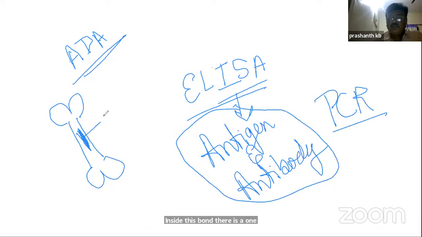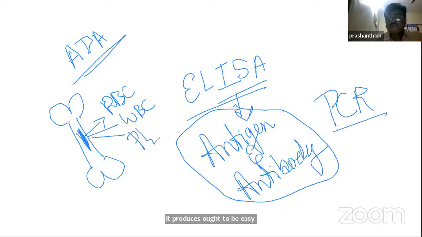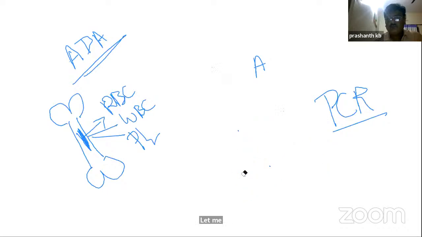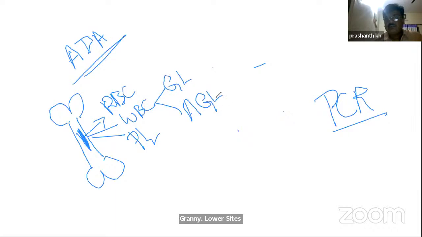In this bone marrow, it produces RBC, WBC, and another one is platelets. Now coming to the WBC, granulocytes and agranulocytes, 2 types of WBC are there.